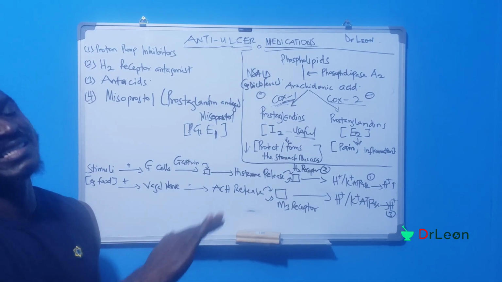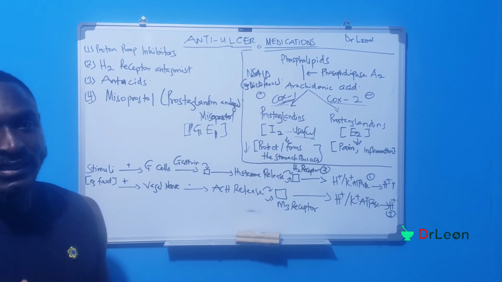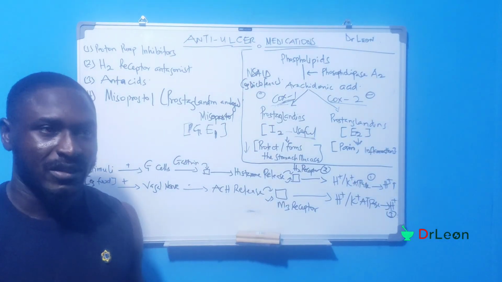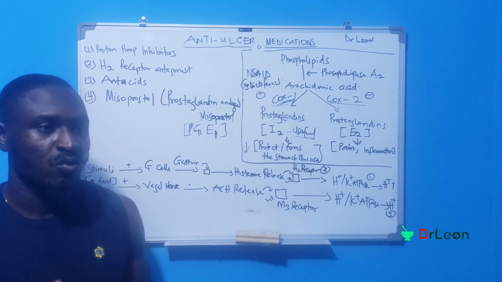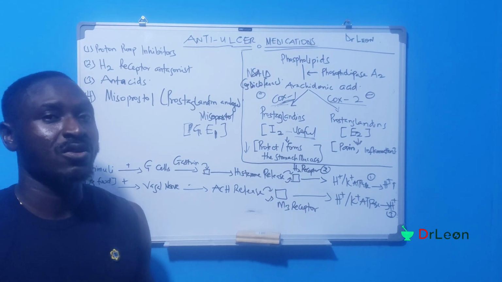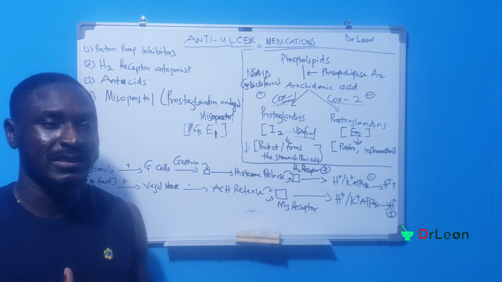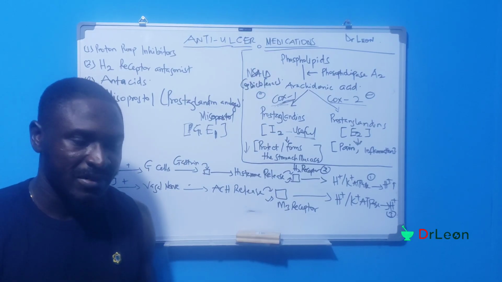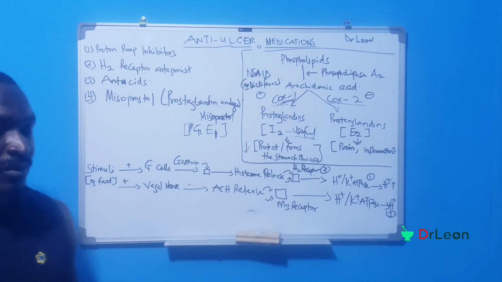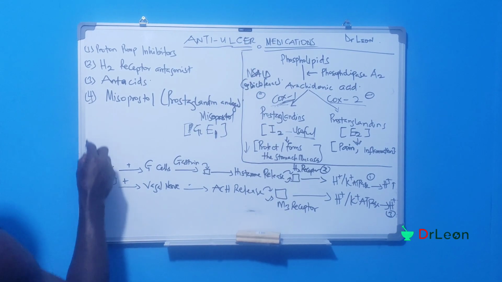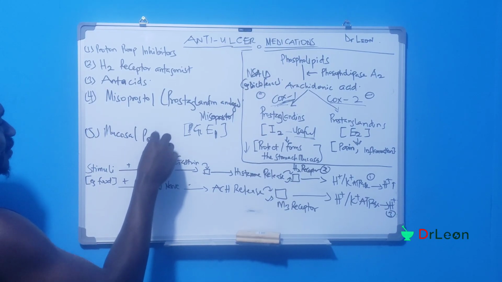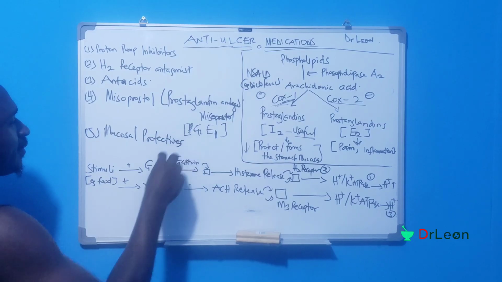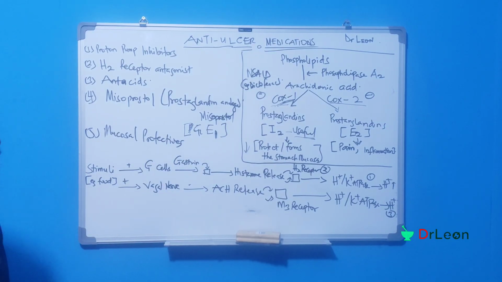They form a protective layer over the ulcer so that further production of acid and the stomach juices will not damage the ulcer further, so that the ulcer will get a very good environment and time to heal. And this class, we call them the mucosal protectives. So they protect the mucosa by covering the ulcer.